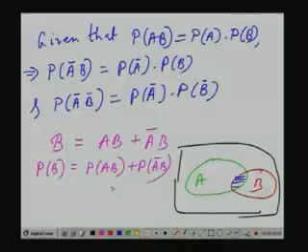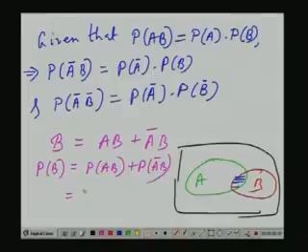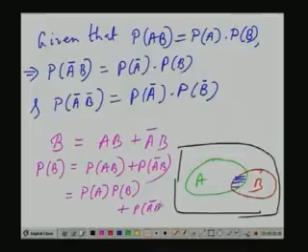And you have given me the fact that A and B are statistically independent, which means I can write it like this. All right. So, I take this P(B) to the left hand side.